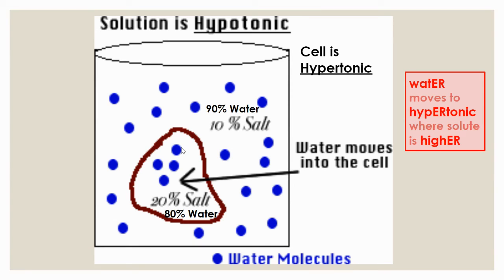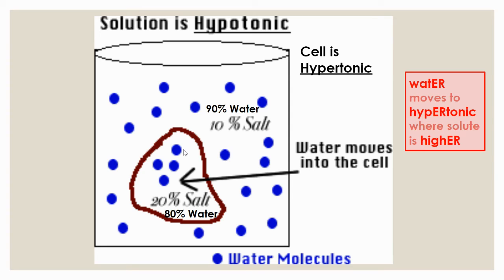So, what you have to decide here is: is the solution, the area out in the beaker, hypertonic or hypotonic or isotonic? Is the cell concentration hypertonic, hypotonic, or isotonic? And what will happen with water? Will it move into or out of the cell, and why?